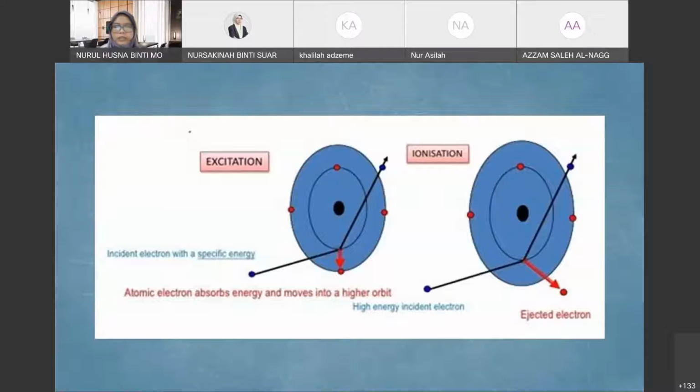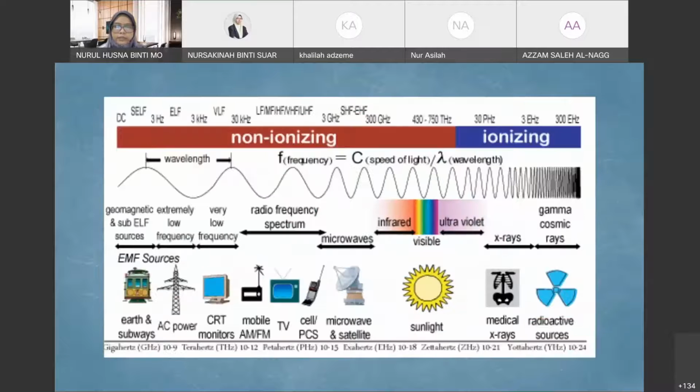So this process is called excitation. For ionizing radiation, we call that ionization. Instead of producing ions like ionization, the excitation process will only change the rotational, vibration, and electronic valence configuration of molecules and atoms. This will produce thermal effects.